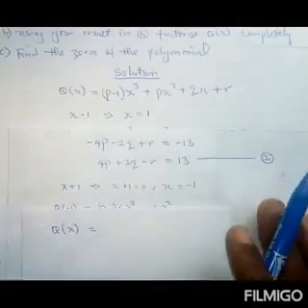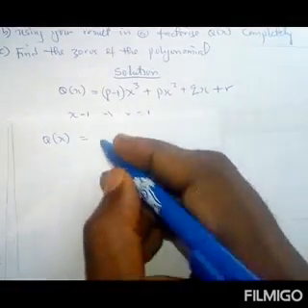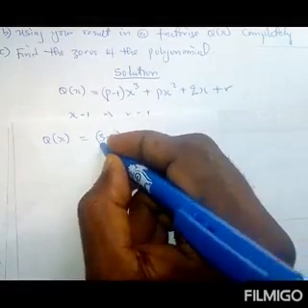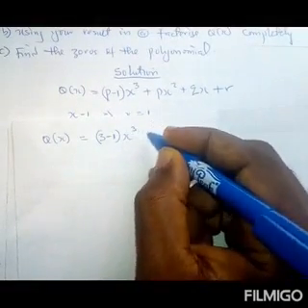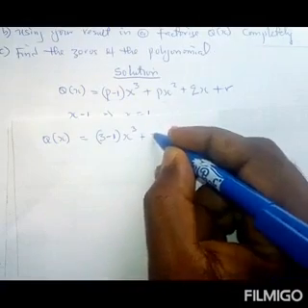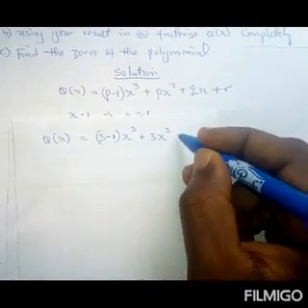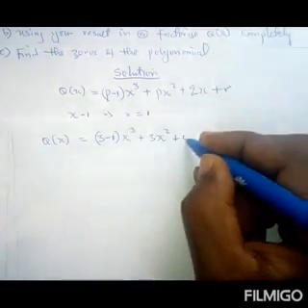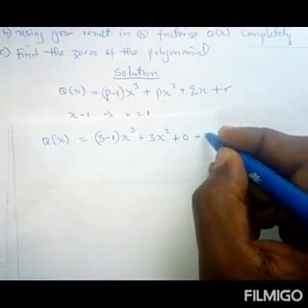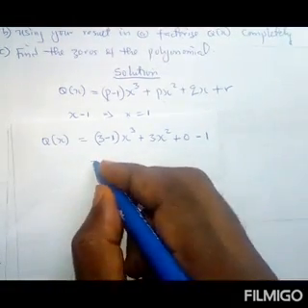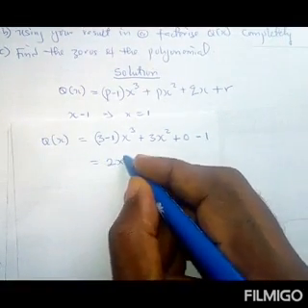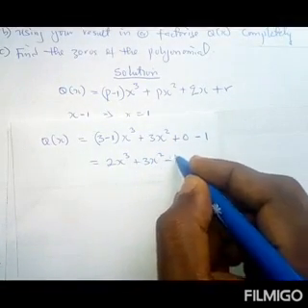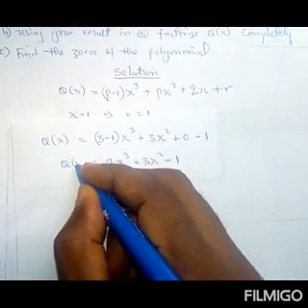This is it. So q of x is going to be 2x cubed, because our p is 3, plus 3x squared plus this is gone completely, 0, then r is minus 1. So the original function is 2x cubed plus 3x squared minus 1.